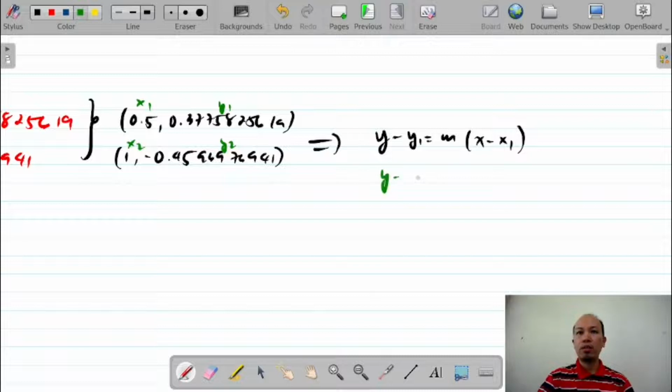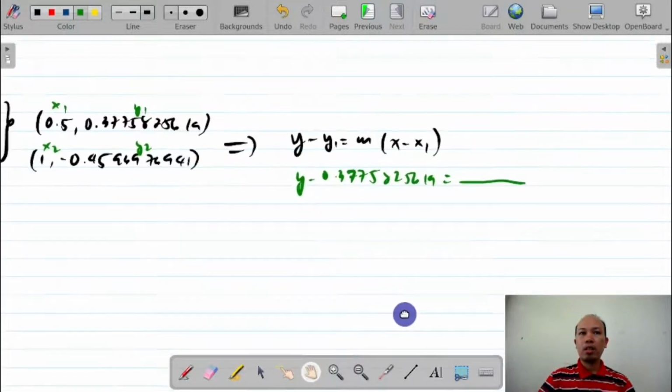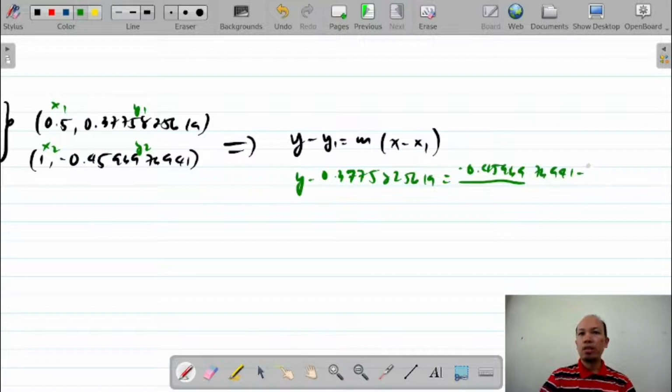Y minus y1 is 0.37758 25619 is equal to our m, which is y sub 2 minus y sub 1. y sub 2 is negative 0.45969 76941 minus y1, which is 0.377.